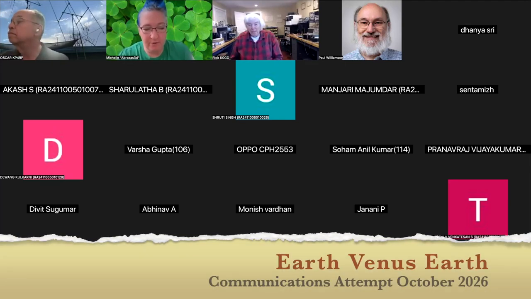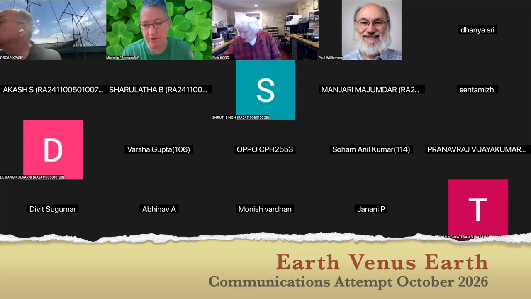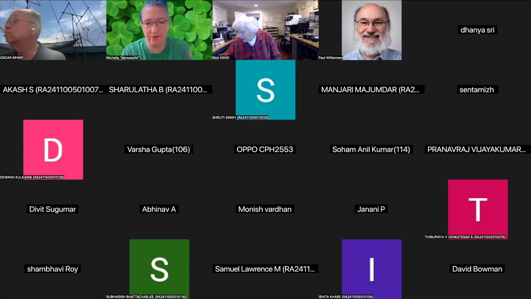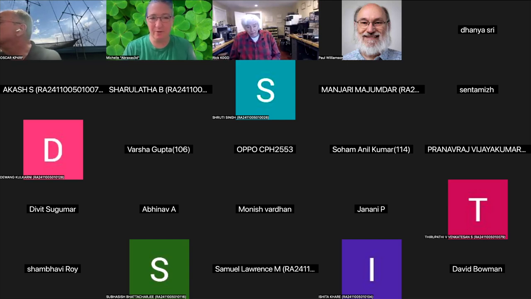So what we have done for the Earth Venus Earth effort, and this effort has some history to it, dating all the way back to 2008, was the first time that the amateur community was able to do an Earth Venus Earth bounce signal. If you're not familiar with this type of effort, Earth Moon Earth, or EME, is a very active mode that's been done for decades now.